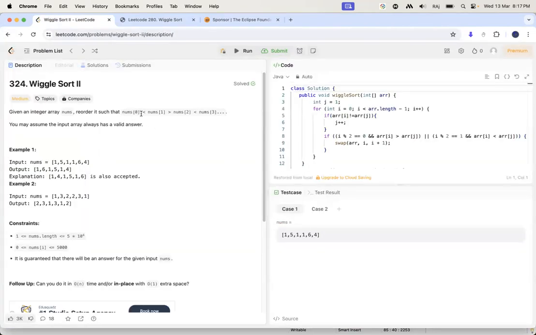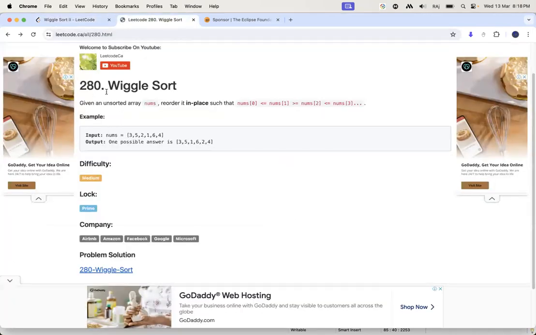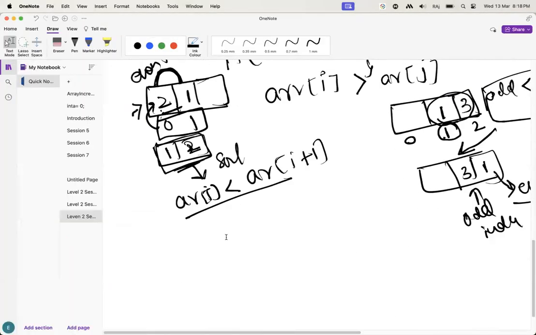The relation is supposed to be like this: the 0th index is supposed to be less than the first index, and in the same way the second index is supposed to be less than the first. That means we have to follow the pattern low to high, high to low, low to high, and high to low. This is the problem I explained now, and sort two will be your assignment problem, guys.